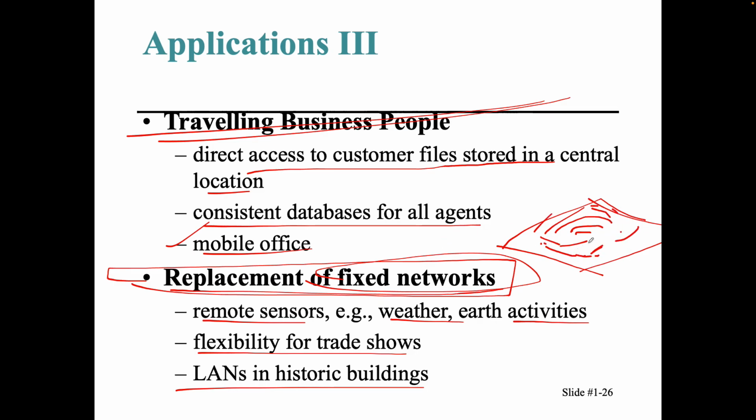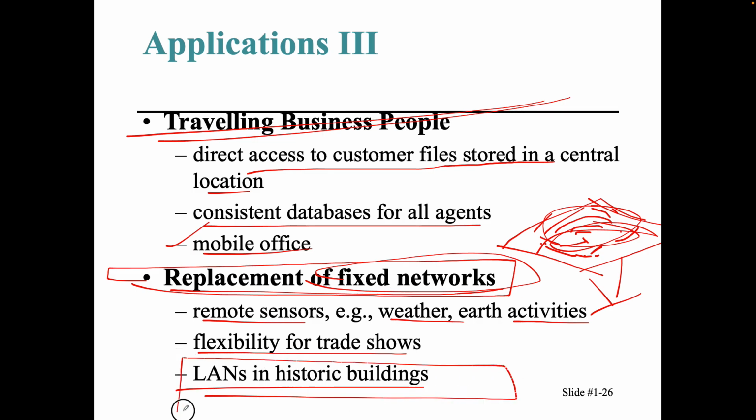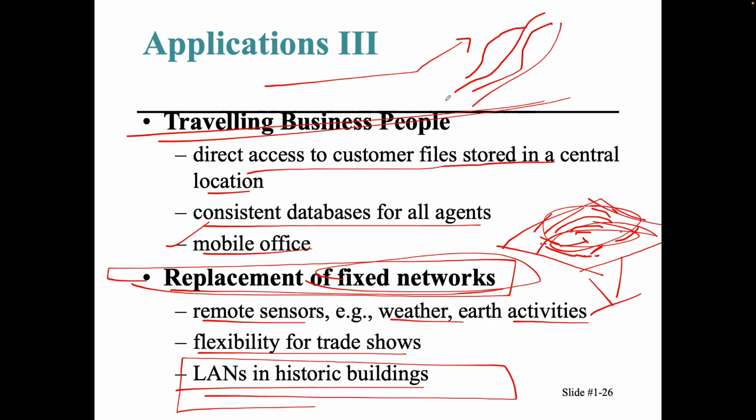You would rather set up a router over here somewhere so it could transmit data to all of this region, right? And similarly, lands in historic buildings. So historic buildings where you want to provide internet access, you can obviously, but why would you demolish certain parts of a historic structure, damage them, just so that you can conceal a LAN cable inside, right? You would rather just install Wi-Fi routers.